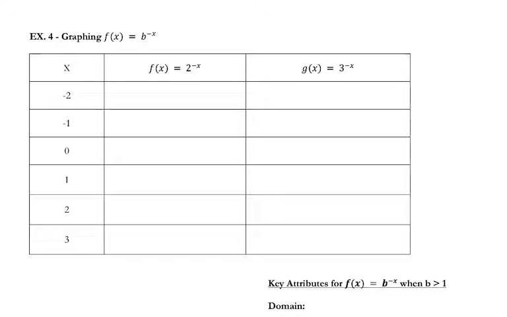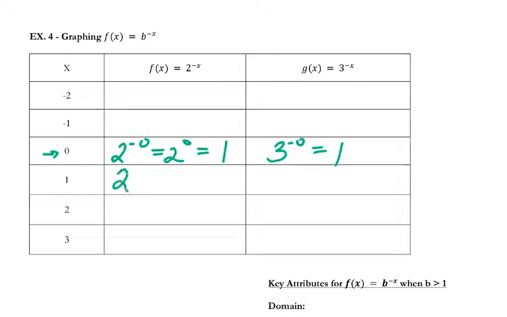So we have two different equations here. We have 2 to the negative x and 3 to the negative x. Let's start with 2 to the negative 0, so our x value is 0. Well, negative 0 is just 0, so we have 2 to the 0, which is 1. Anything to the 0 power is always 1. Same thing with 3 to the negative 0, that is going to be 1.